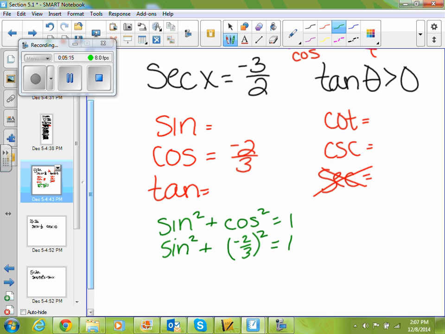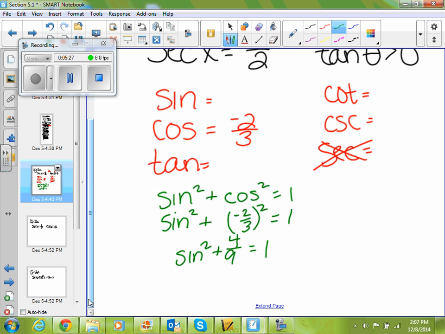Well, I know that negative 2 squared is 4, 3 squared is 9. So I end up with sine squared plus 4 over 9 equals 1. So I'm going to subtract 4 over 9. And I end up with sine squared equals 5 over 9.